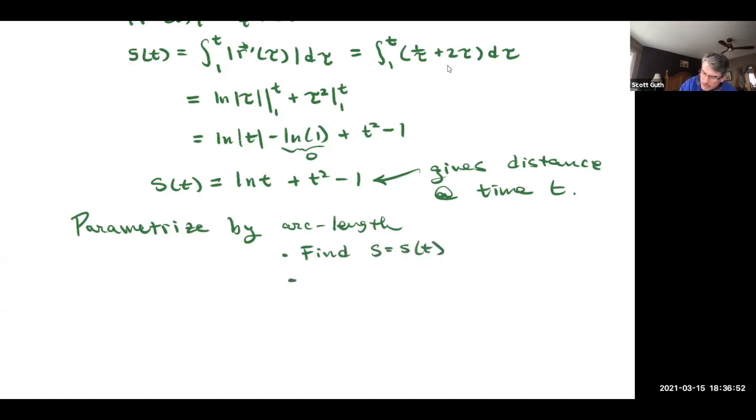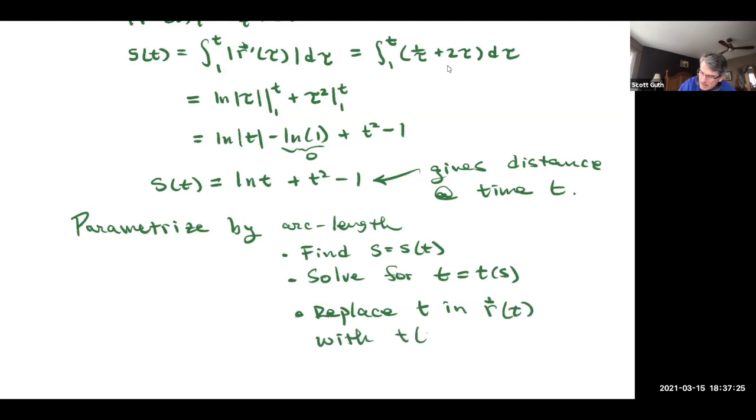Second, you have to solve this equation for t, so you get t as a function of s, the t of s. Then replace t in r of t with the t of s. Call the result r of s.